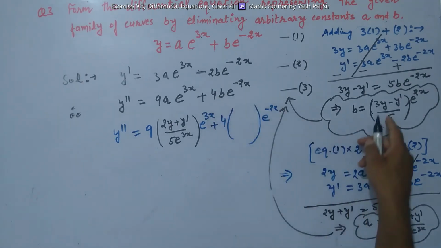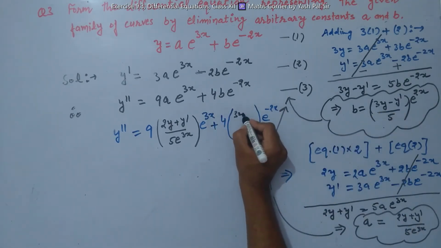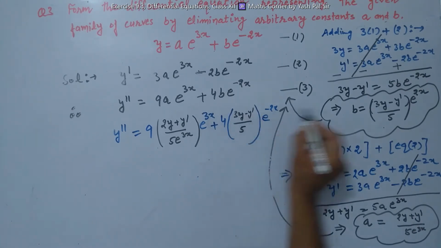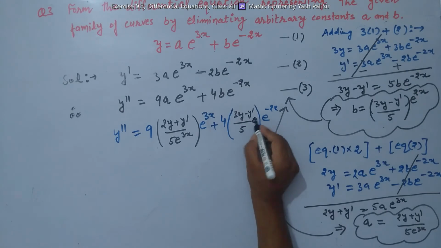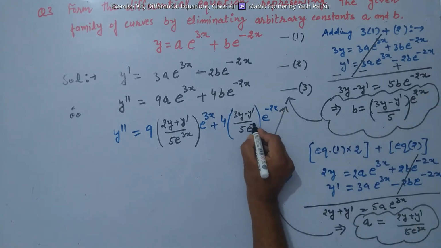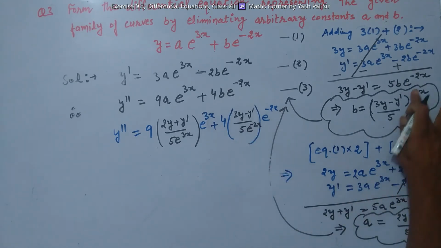Value of b is 3y minus y dash upon 5 into e power minus 2x in the denominator, e power minus 2x.